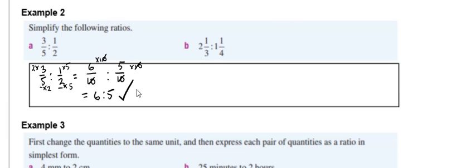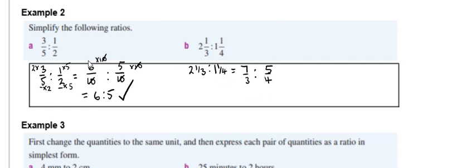Now, part B. We have 2 and 1/3 to 1 and 1/4. To simplify mixed numbers, we need to write them as improper fractions first. So 2 and 1/3 becomes 7 on 3, and 1 and 1/4 becomes 5 on 4.